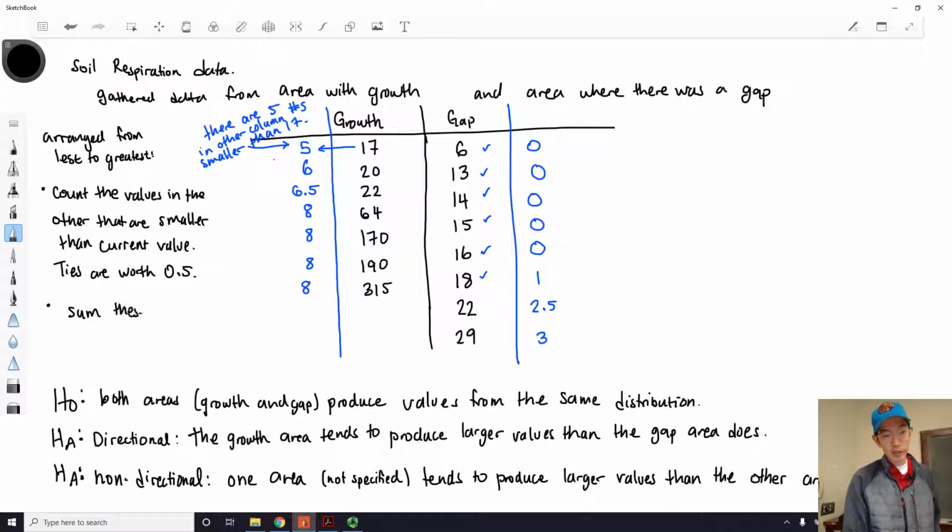to sum these counts. Okay, so I add these up. And here, if I add all of these up, I get 49.5. Over here, I get 6.5.